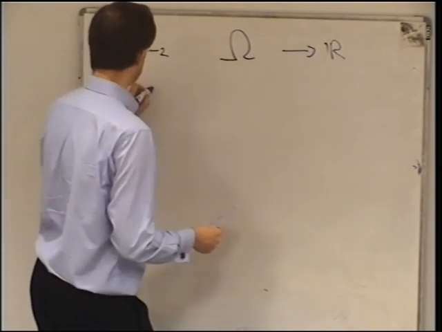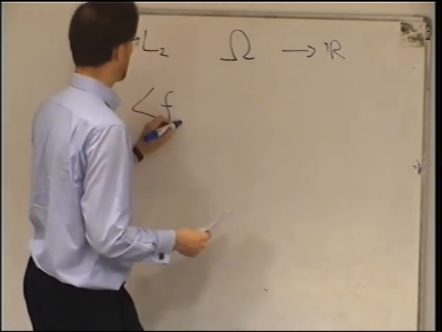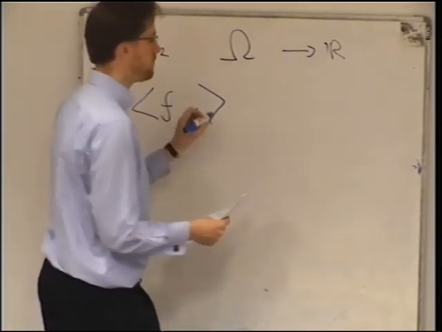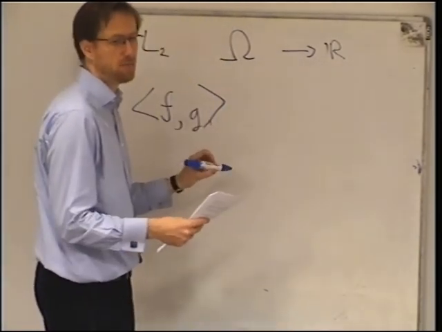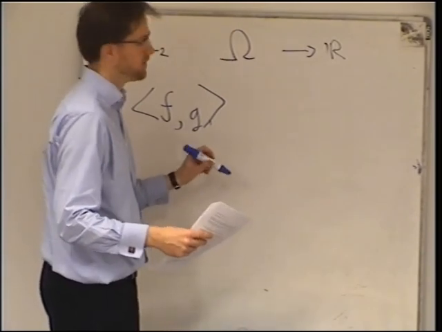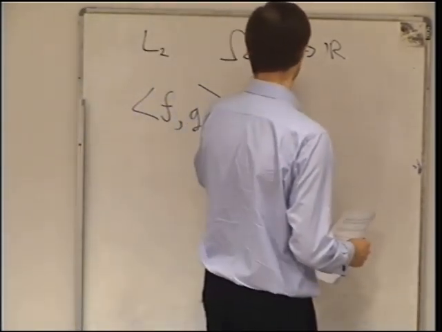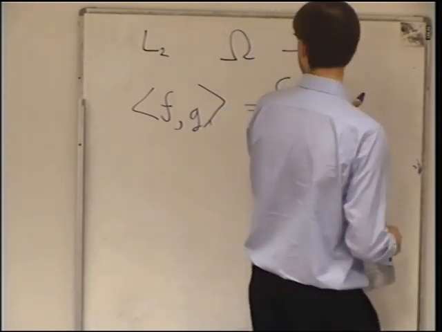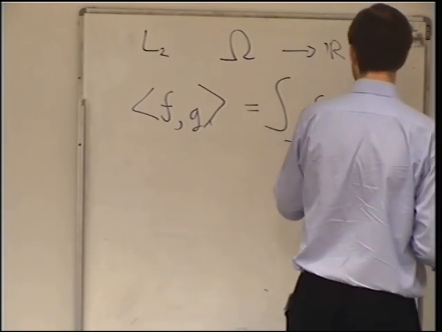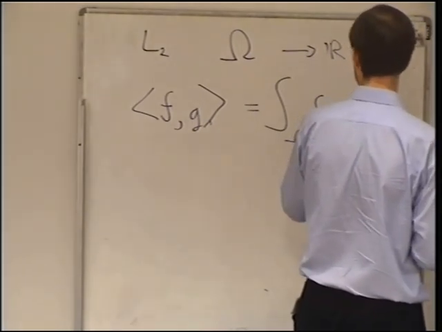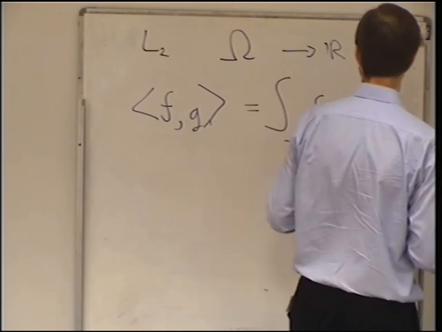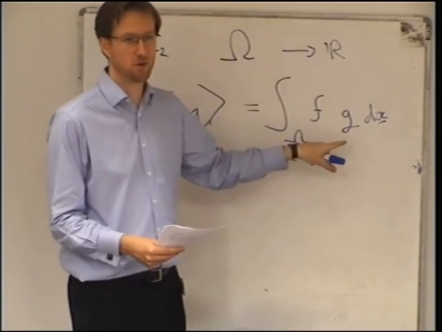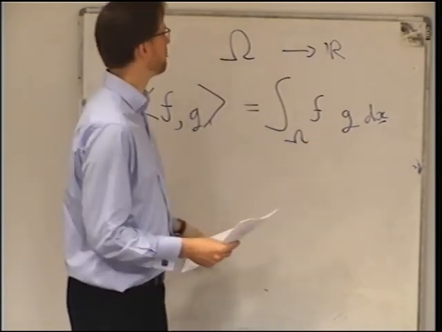And so I need to be able to do the equivalent thing for the L2 norm for 2 functions in that space. So I need to be able to integrate them to get a number. So I need to be able to say this is equal to the integral over the domain of f times g, and yes, well that's fine, because I evaluate f, I get a number, I evaluate g, I get a number.